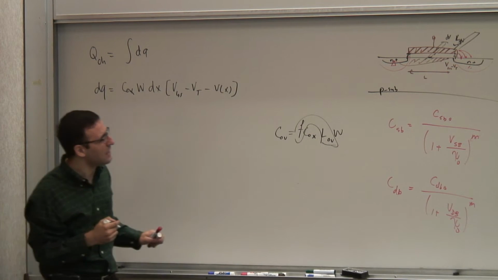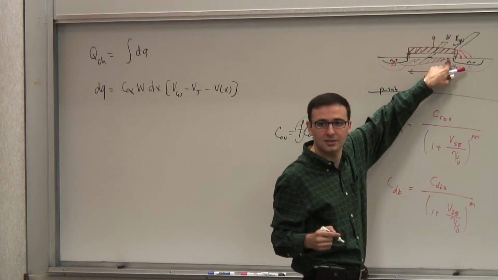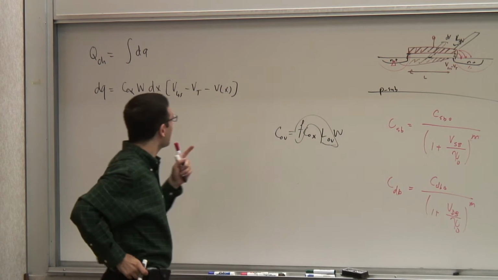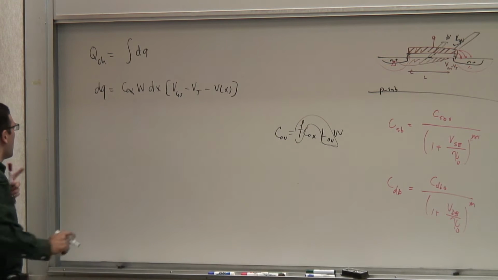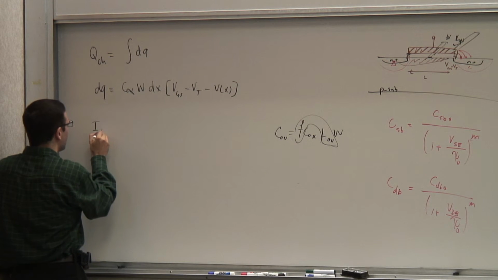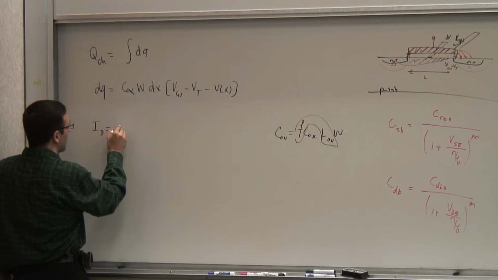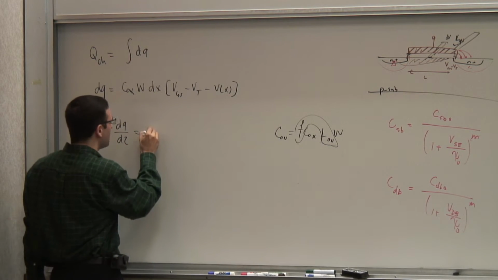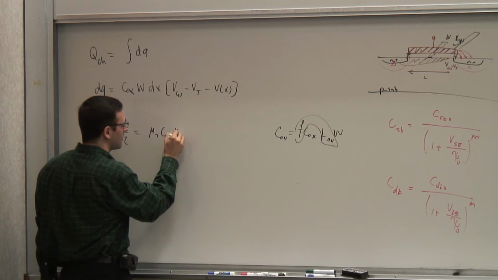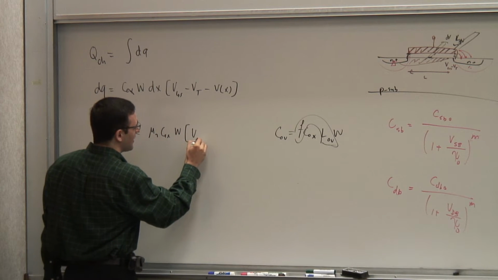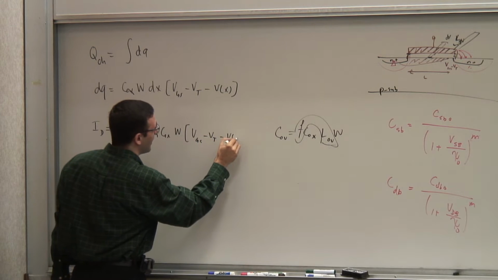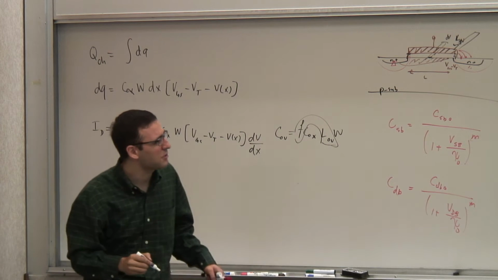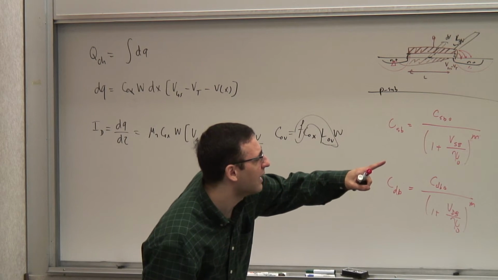And then I have to know the exact location of my upper limit, where the channel ends, which is a function of voltage and all those things. But I also know something else. From the calculations I had before, I know ID is dq over dt, which we calculated to be mu n Cox W (VGS minus VT minus V of x) dV/dx, right? Is that the expression you have? Yeah, the third one.